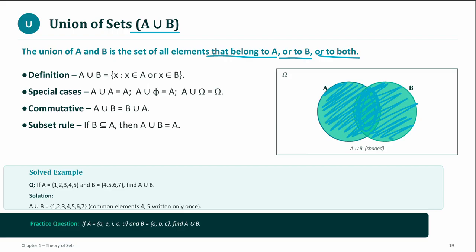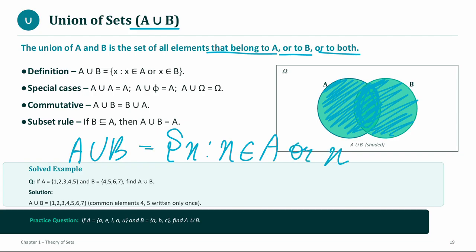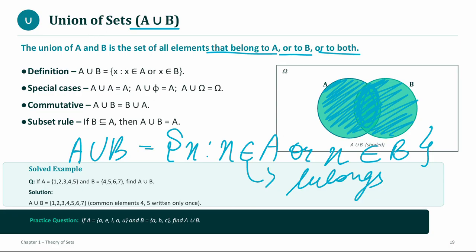The definition gives that A union B is equal to {x such that x belongs to A or x belongs to B}. This symbol basically means belongs. So the elements should belong to A or to B or to both.